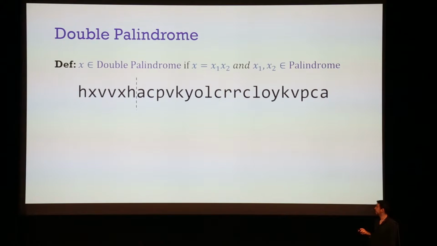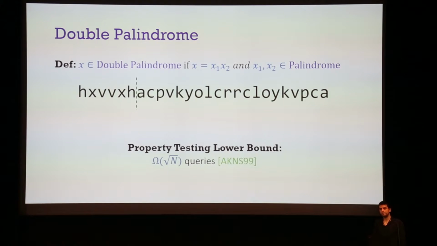We saw that there is a property tester lower bound for this property. Namely, every property tester that solves this promise problem has to make at least square root of n queries. It is better than reading the entire input, but if the input is huge, it's still very high.